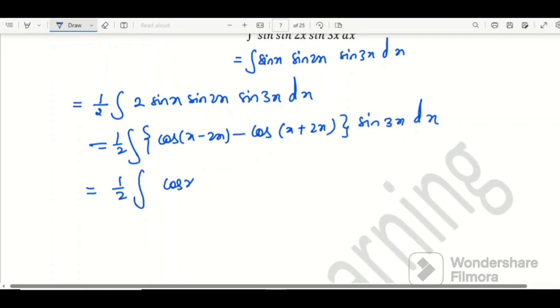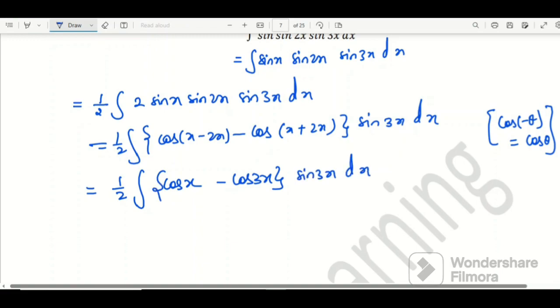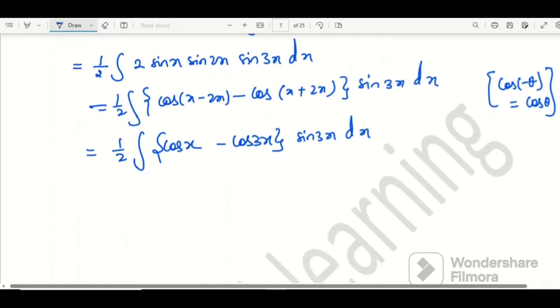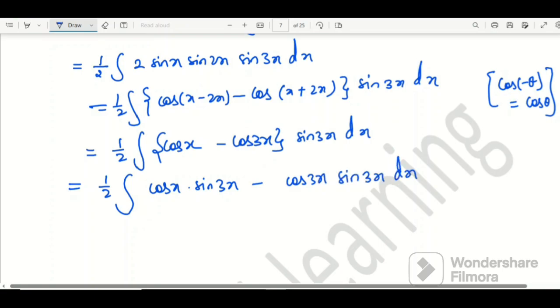So I'm directly writing cos x. Reason we can give here, cos minus theta equal to cos theta, minus cos 3x I can write into sine 3x dx. So now we have integration of cos x into sine 3x minus cos 3x into sine 3x dx.